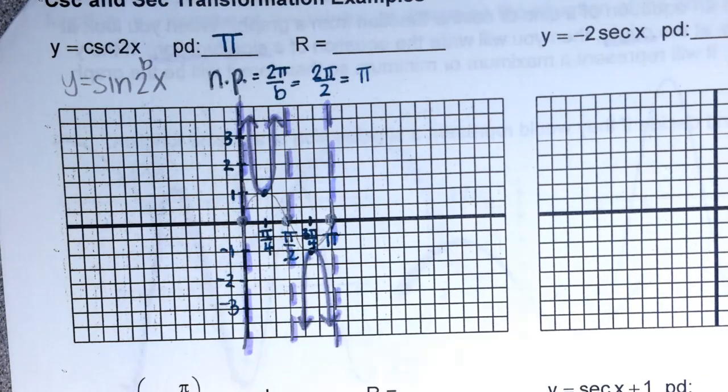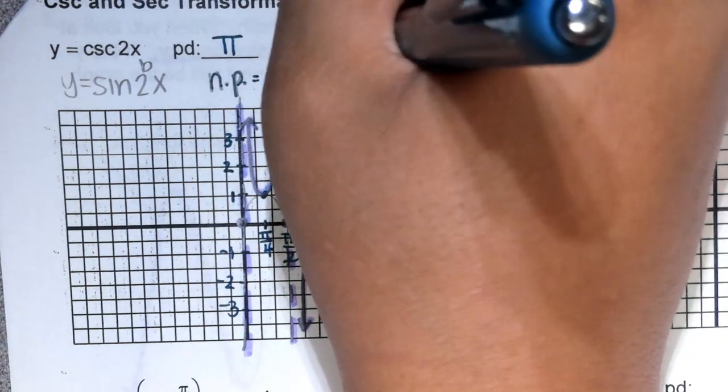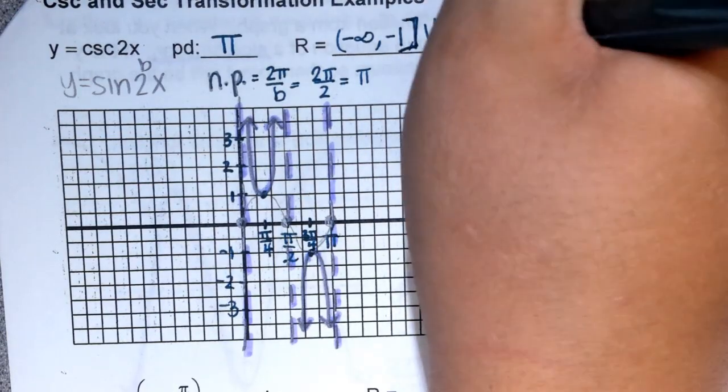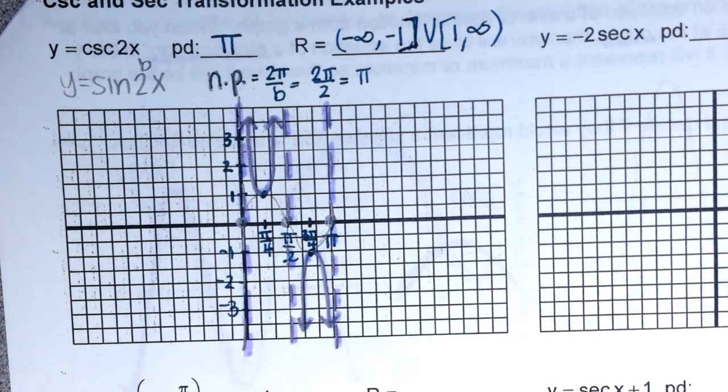And what is the range? Negative infinity to negative 1, union 1 to infinity. As long as you're not on a specific point there, you're good.